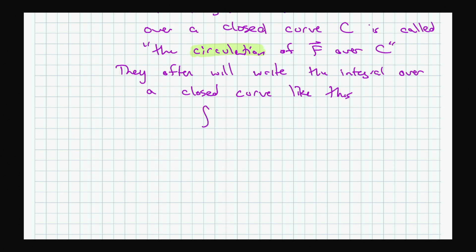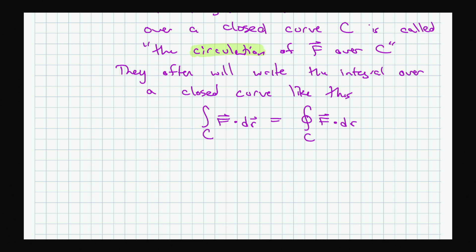So normally we've been writing integral over C of f dot dr, right? Well, what they'll do is they still write the exact same stuff, but if you know that it's closed, they put a little circle there to indicate that the curve is closed.